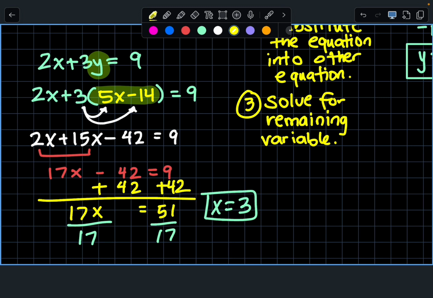How are we going to do that? Substitute what you have. In this case, we have x. Let's take x and substitute it back into an equation so we can solve for y.